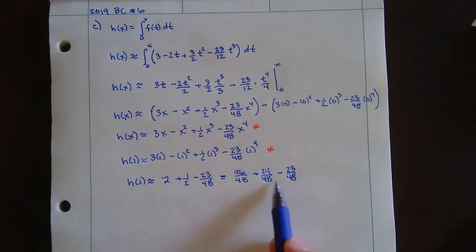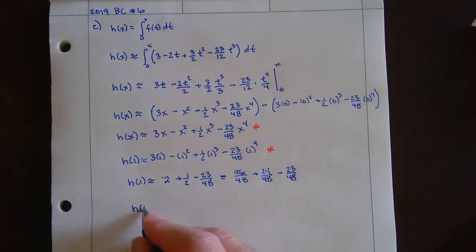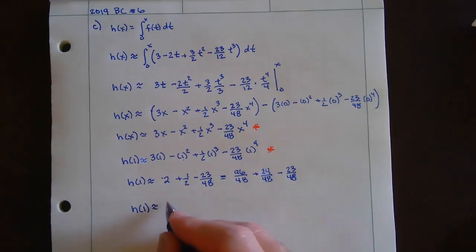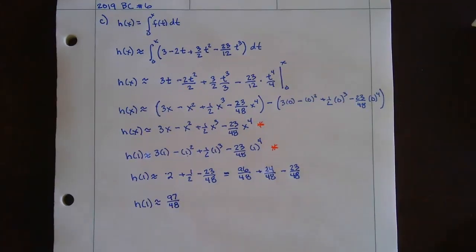Now this would be 1 over 48 plus the 96 over 48. So a good approximation for h of 1 would be 97 over 48. Okay, and that's a good approximation for h of 1, and I think that was all they asked you to do in part C, okay?